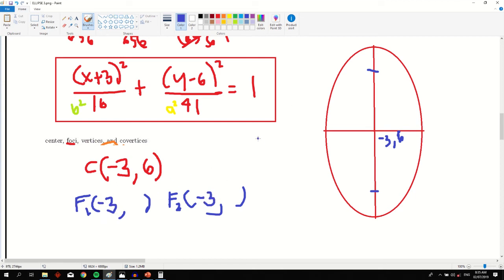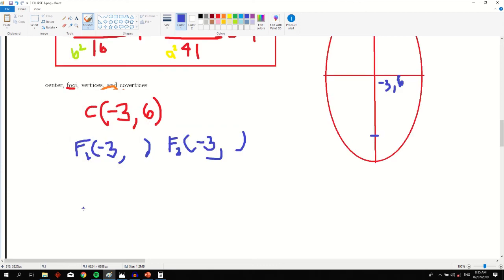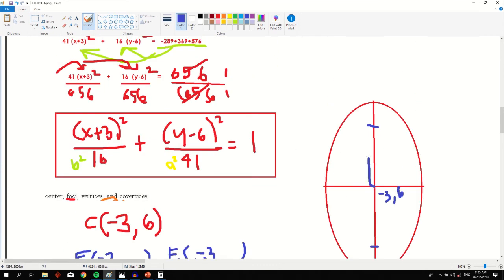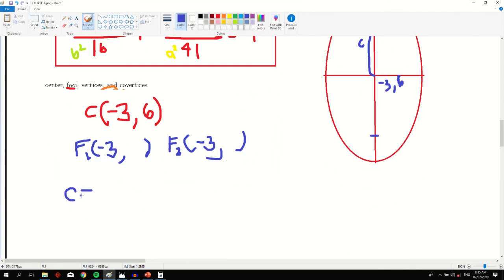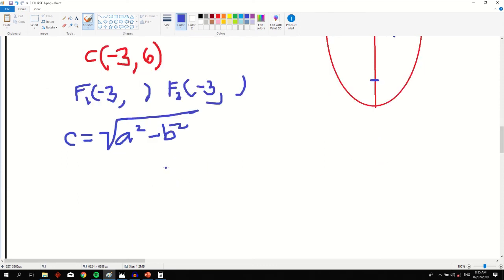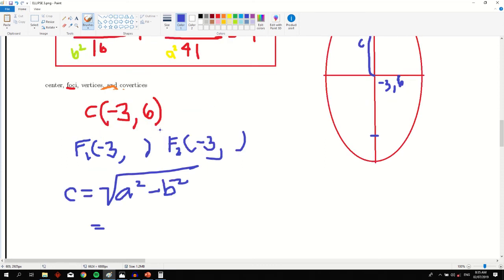Then we have the a square and the b square. We know that the length from the center to the focus is c, so c is equal to the square root of a square minus b square. So what is our a square? The square root of 41 minus b square, which is 16.